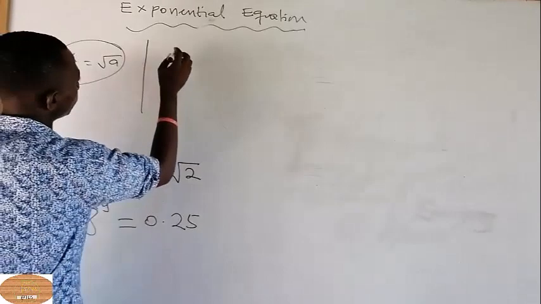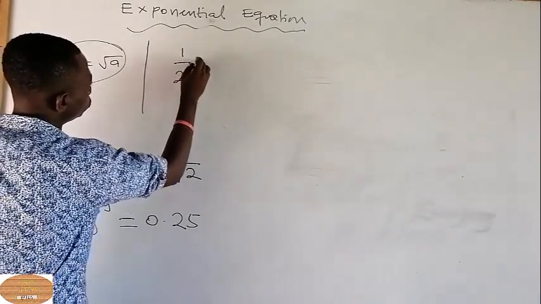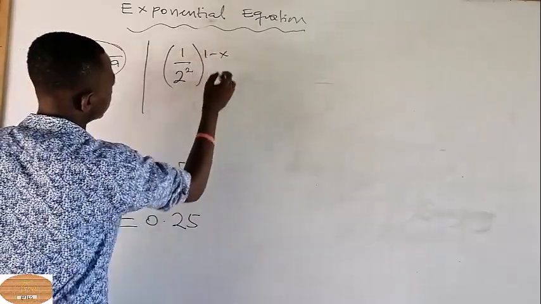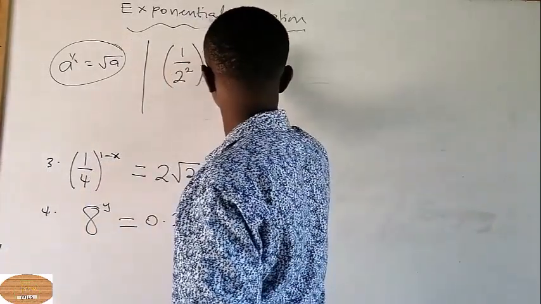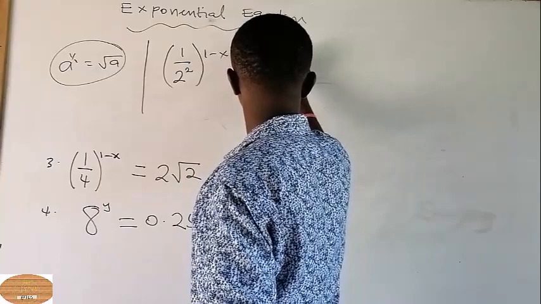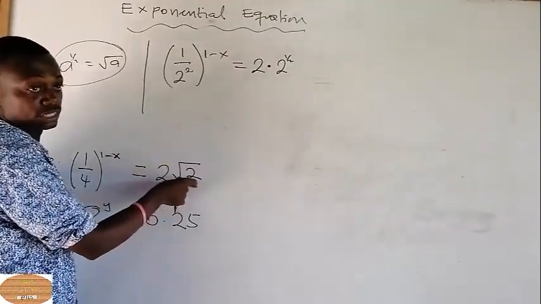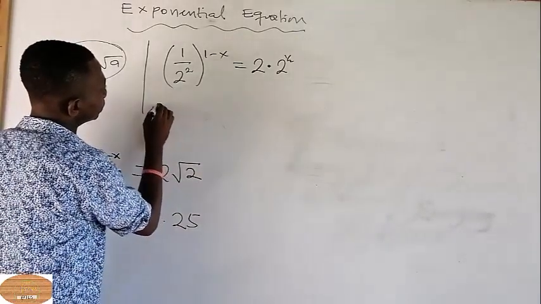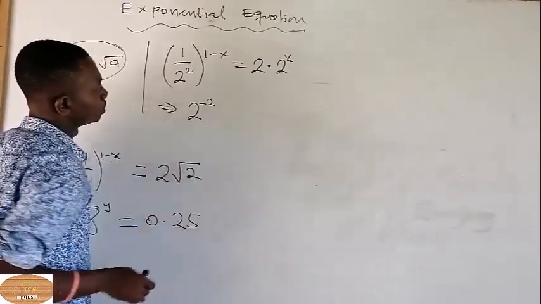So this one is straight away 1 over 2 to the power 2. Okay, 1 minus x equals, so this one is 2 times 2 to the power half, because square root of 2 is the same as 2 to the power half. Alright, so this one can also be written as 2 to the power minus 2.